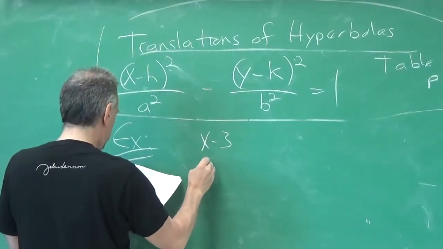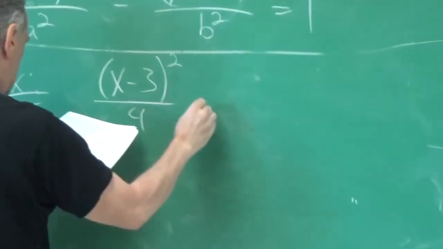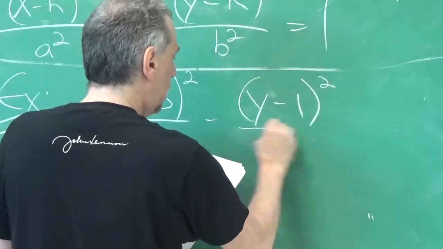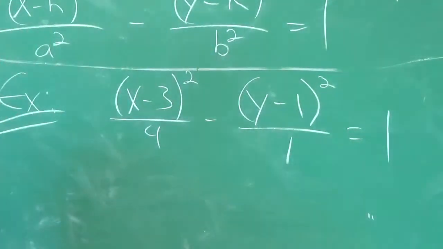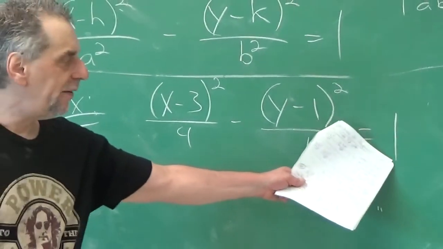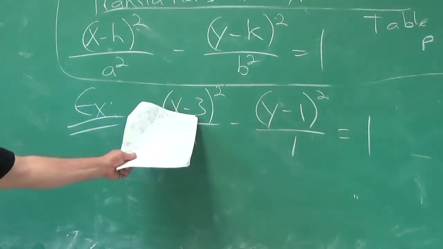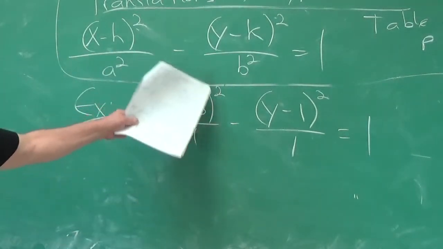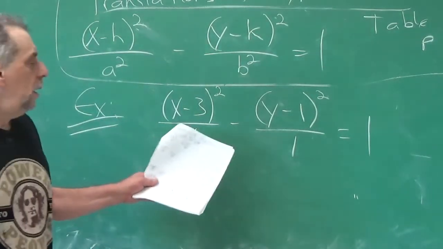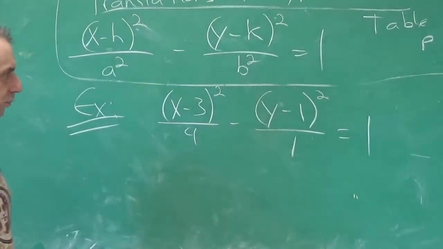So we want to graph this hyperbola. All right, so nicely this is in the form that we want. We have the 1 on the right-hand side. If it's not equal to 1, we got to make sure we change that to a 1. Here we can see the center. The positive fraction is the x fraction, so we know it's along the x-axis. The a value is square root of 4. The b value is square root of 1.